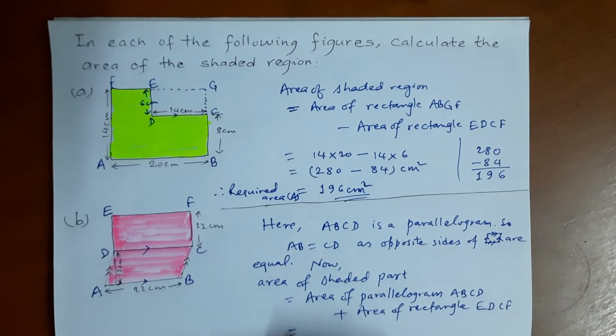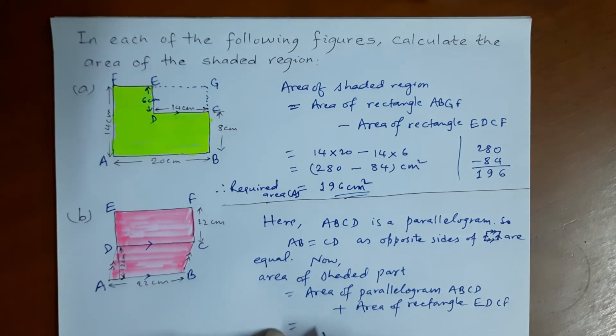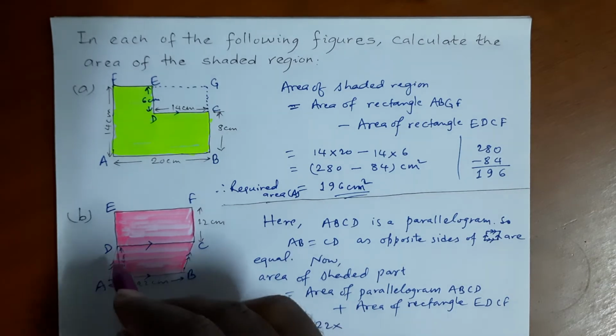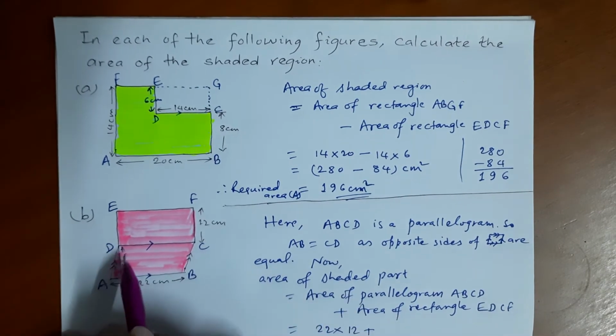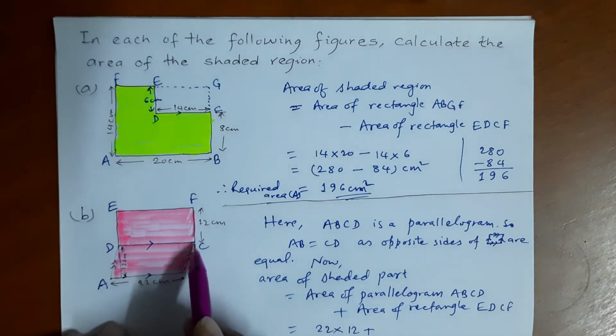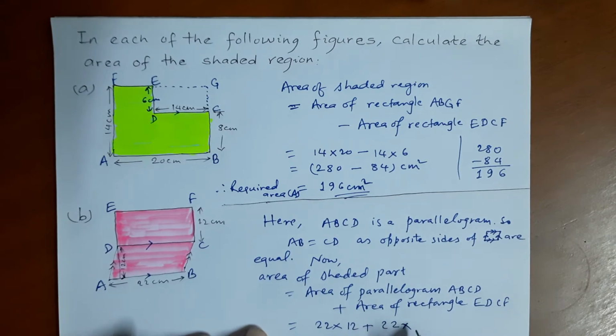The area of the parallelogram formula is base times height, so base is 22 times height 12 centimeter given, plus the area of the rectangle, whose base CD is also 22 because the sides are equal, so that is 22 times 12.